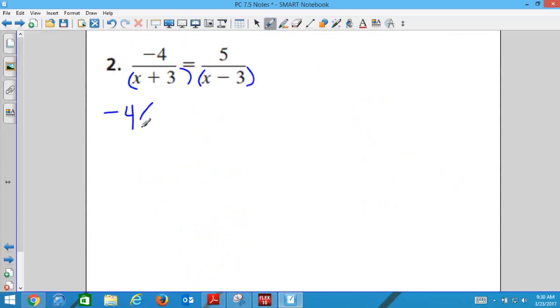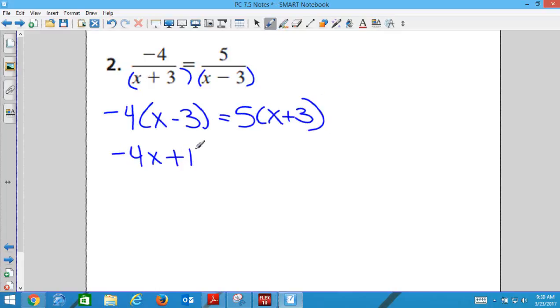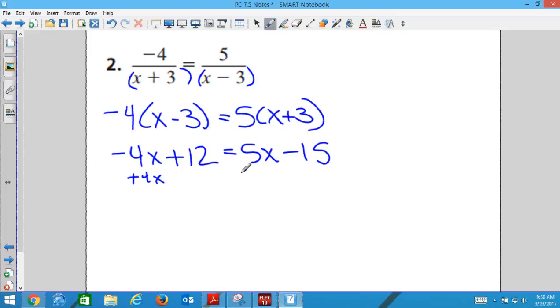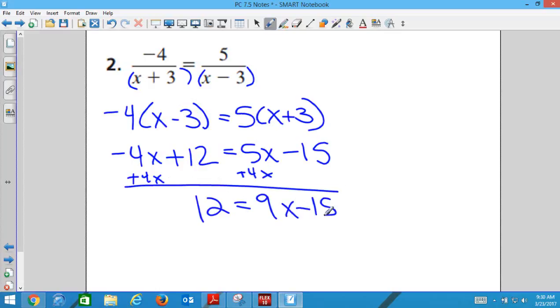Number 2, cross multiply. Be careful when you cross multiply. When you do -4 times -3, it gives you a +12. From here, we're going to add 4x to both sides. And then add 15.